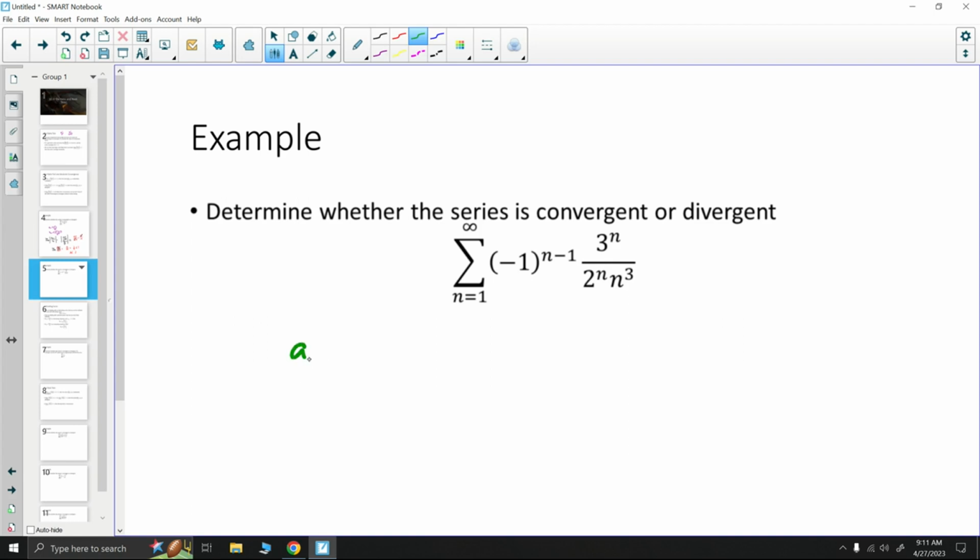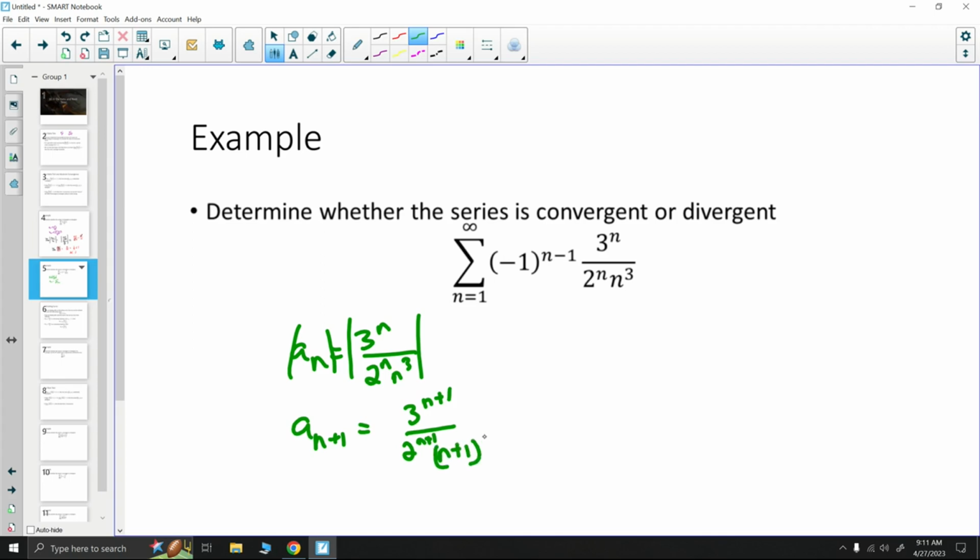So we're going to take our a sub n here being 3 to the n. I'm just going to ignore this alternating sign, because since we're taking the absolute value of a sub n anyway, this alternating series doesn't really matter, since it's just going from positive to negative. That's our a sub n. And our a sub n plus 1 is going to just be 3 to the n plus 1 over 2 to the n plus 1 and n plus 1 to the third power.